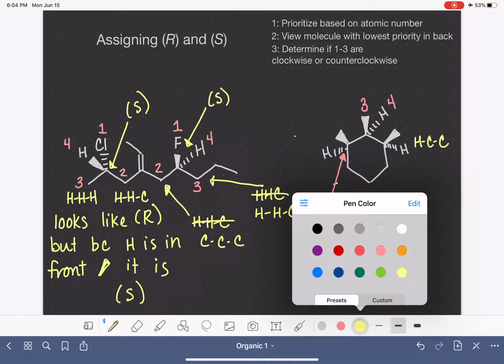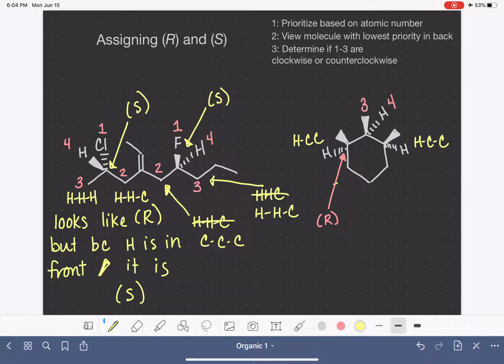So we have a tie again, hydrogen, carbon, carbon, which means we need to continue moving away from the chiral carbon. So moving on down to these 2, what do these have? And again, we're moving away, so we're not going to go backwards. This one is a hydrogen, hydrogen, carbon. This guy right here, also hydrogen, hydrogen, carbon. So this is another tie. That means we need to keep going.